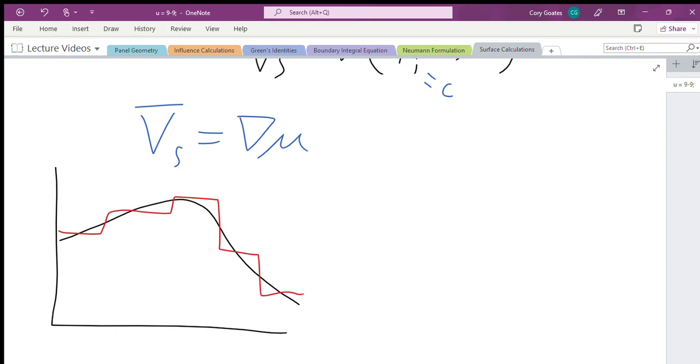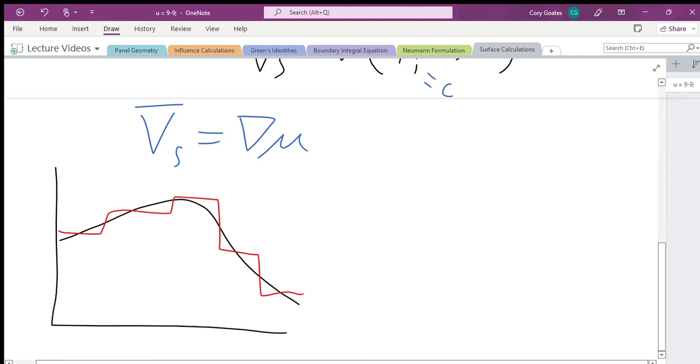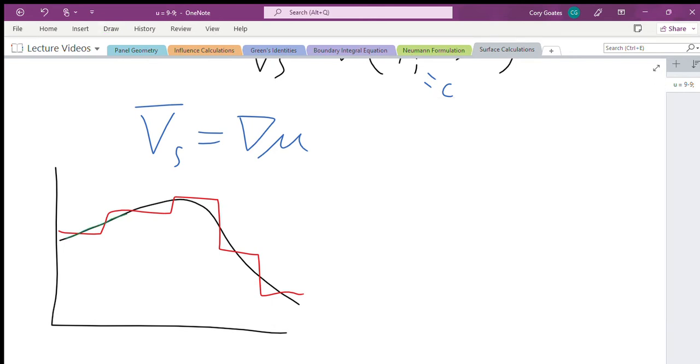But we need to remember this is just an approximation, okay? So what we can do is we can say, well, I know this is an approximation, so what if I take and over this panel, I use its neighbor information, I use the information on its neighbors to fit a line through that. And then from that line I can calculate grad mu, because now I've got a linear distribution and it'll actually give me something.